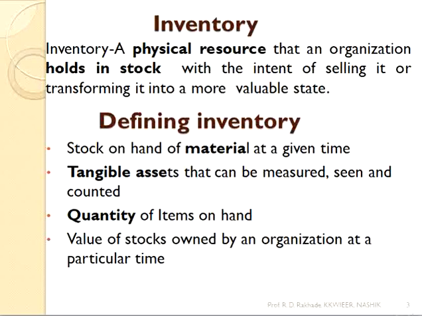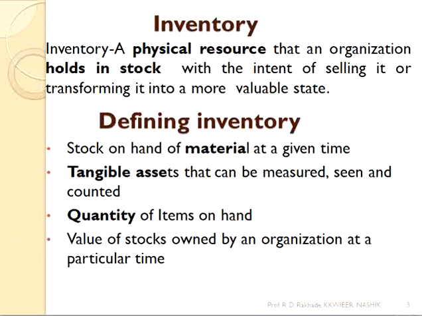So what is inventory? According to the definition, it is the physical resources that an organization holds in stock with the intent of selling it or transforming it into a valuable state. In simple words, an organization holds a stock of physical resources.